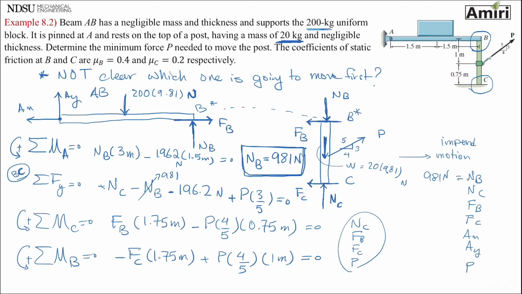Okay, so now what? Now I have to go back to my friction assumptions. So let's assume, if, it's a big if, C moves, or if it wants to move first. Remember, nothing ever moves. We only get them to the point of impending motion.